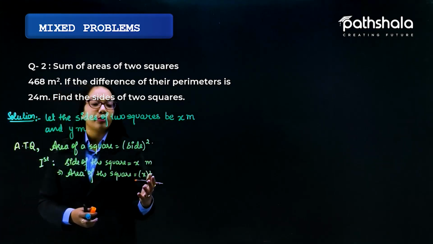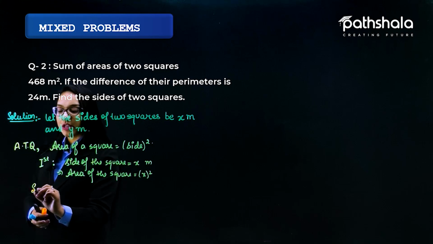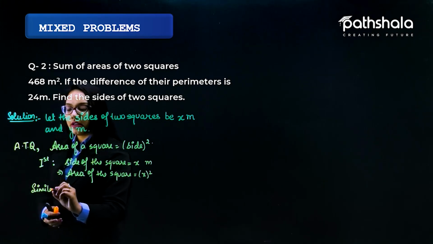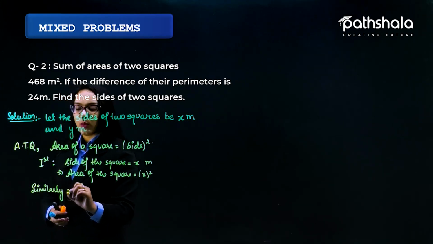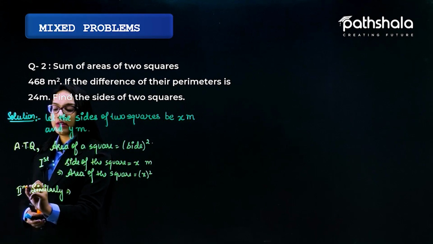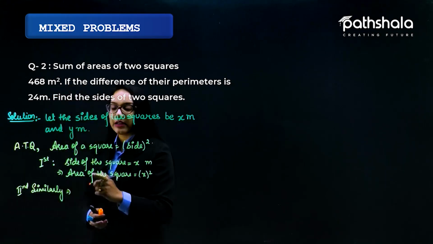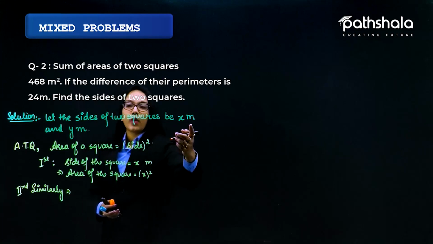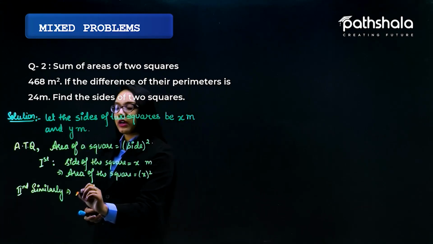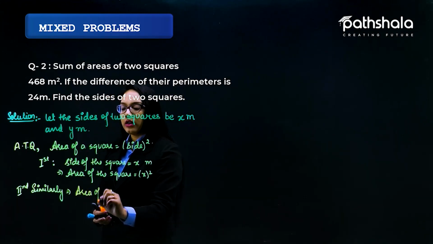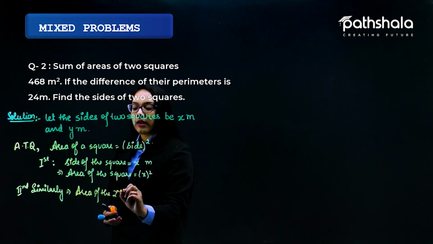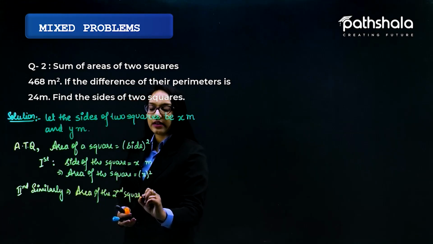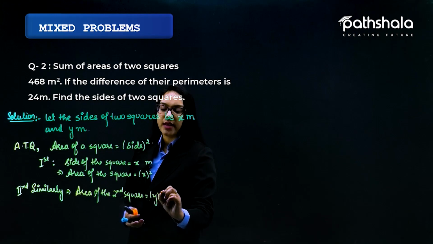So the area of the square would be x square, because the area of a square is side square. Similarly, for the second square, the side is y meters, so the area of the second square is y square.